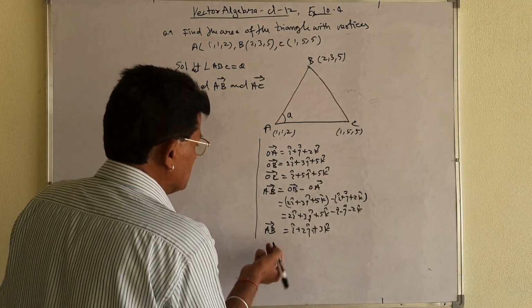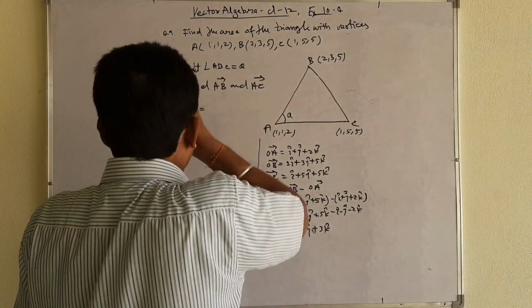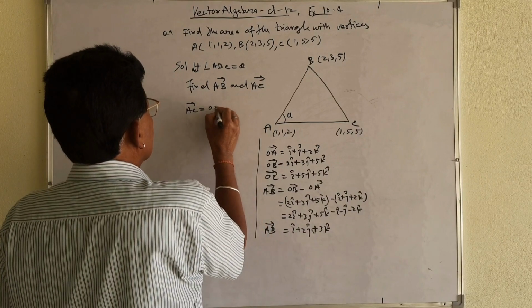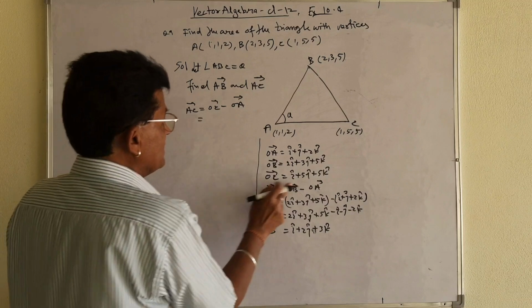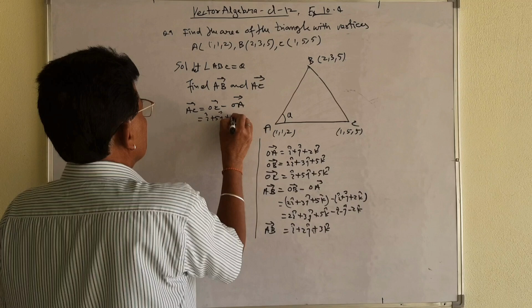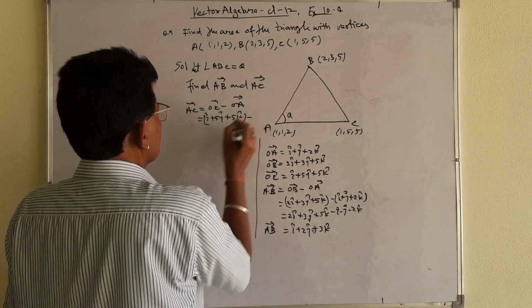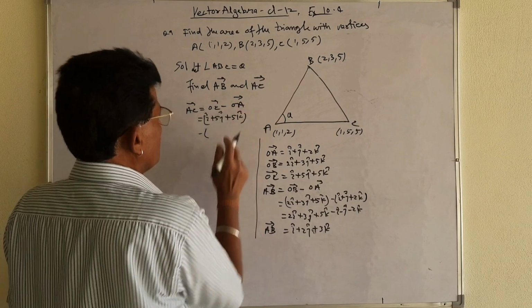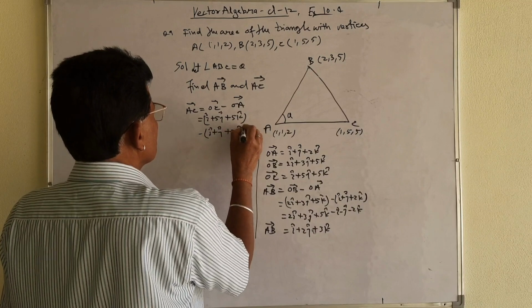For AC, I will find the cross product first, and the magnitude will also be required later. AC is the position vector of the C point minus the position vector of A point. OC is I plus 5J plus 5K, minus OA, I plus J plus 2K.